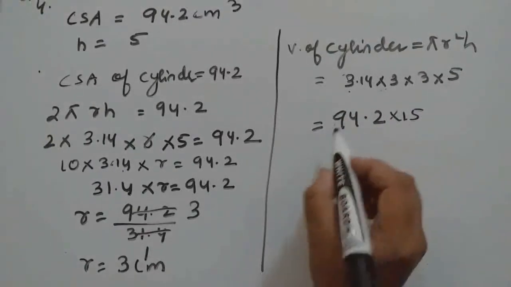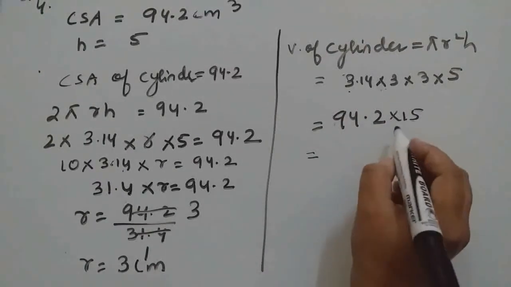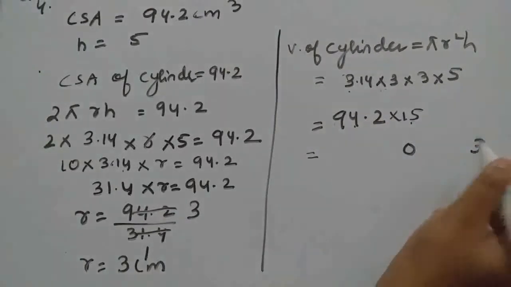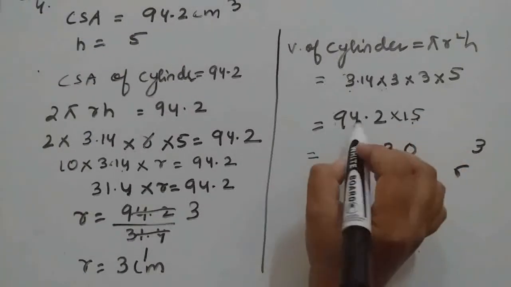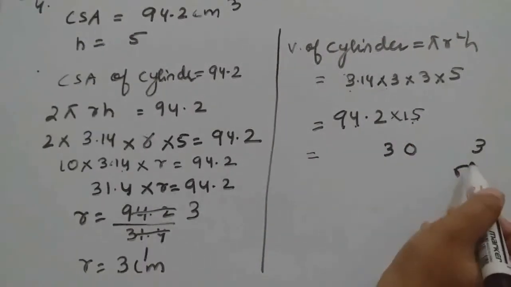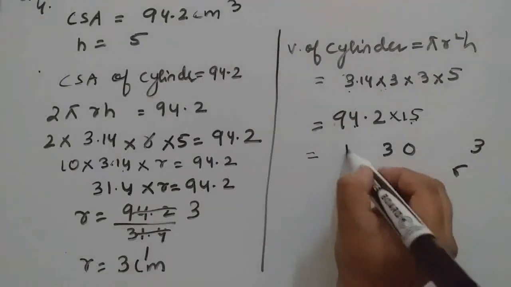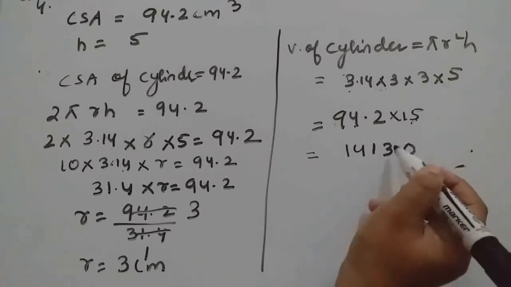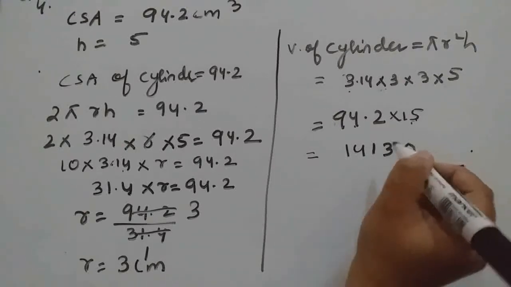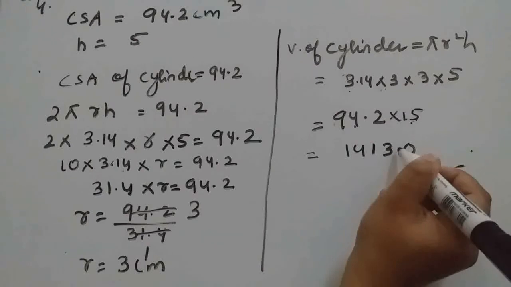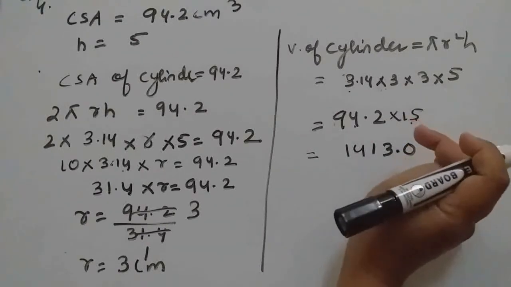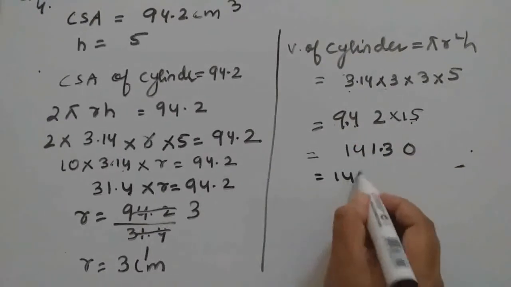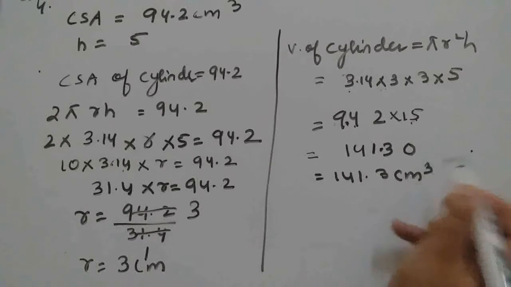Now from 15 you can easily multiply this to get, this will give 33, 63, so 141 will come, isn't it? Now after how many digit decimal is there? So after one digit, so we will write this much. Here this will come 141.3 centimeter cube.